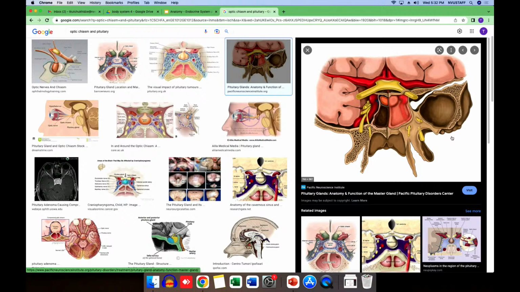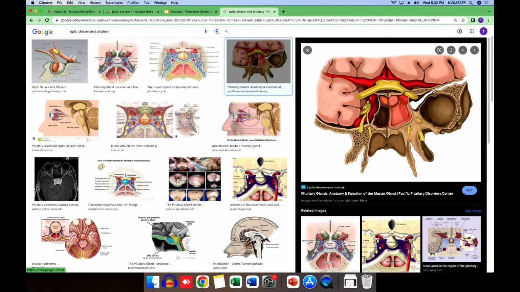The yellow structure is our optic chiasma, and here is our pituitary gland. Whenever we have a bigger adenoma, a bigger pituitary gland, it can compress the optic chiasma, and we get bitemporal hemianopia. So we can't see fully, and that's the compression of the optic chiasma.